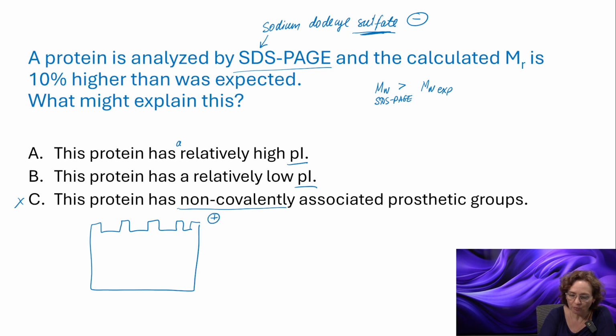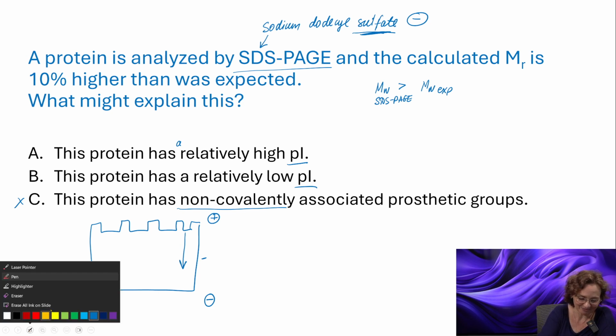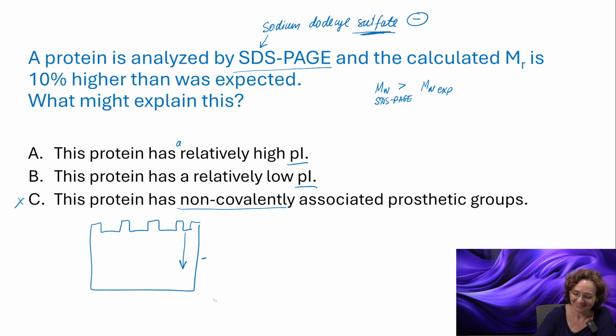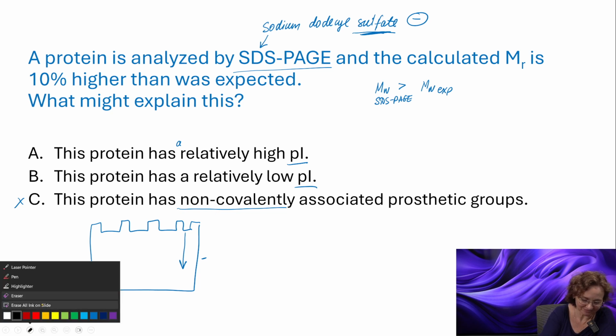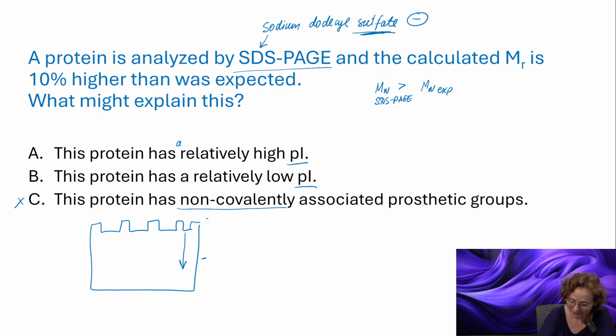So we have our positive electrode on top and negative electrode on the bottom. So the proteins migrate from the positive charge to the negative charge, sorry, vice versa, of course. From the negative charge to the positive charge, because they are negatively charged, they are attracted to the positive charge and repelled from the negative charge.